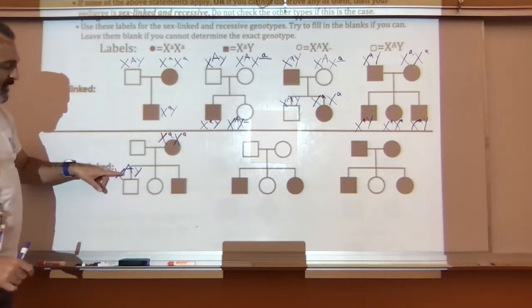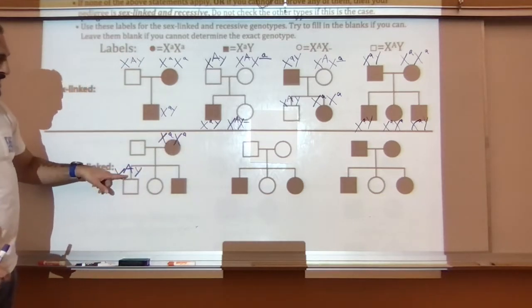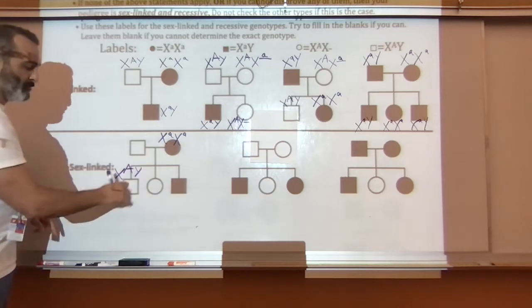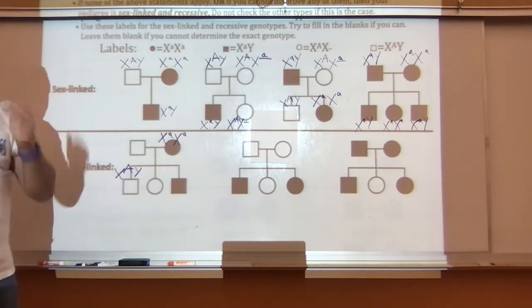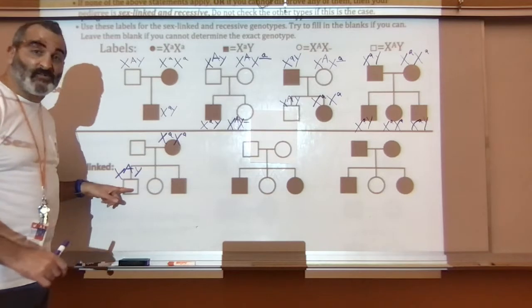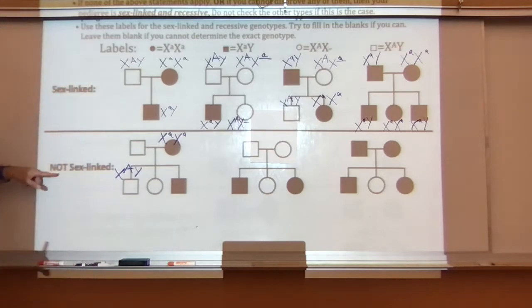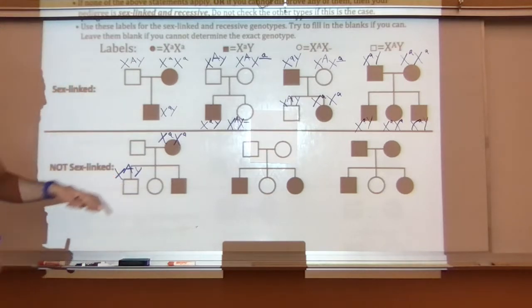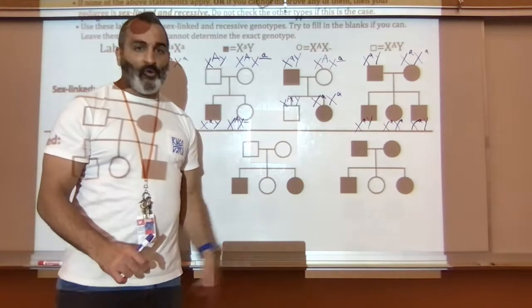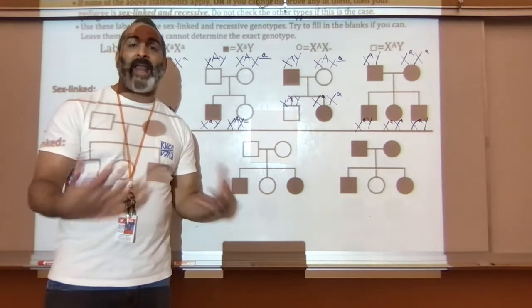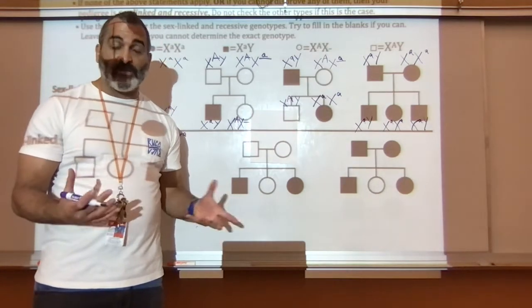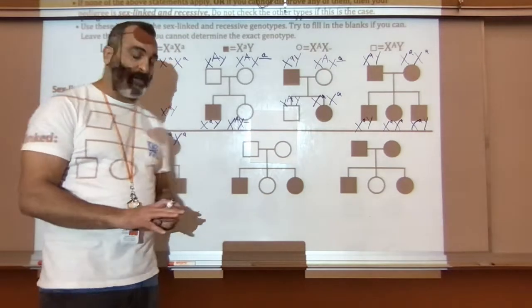She must pass down the small a, but he got a capital A. So this is impossible to happen. You cannot have that happen. That cannot happen. So this is why this is not sex linked. And if you did it to this one and this one, you'll realize it's impossible. It can't happen, which is why you'll see that they are not sex linked.